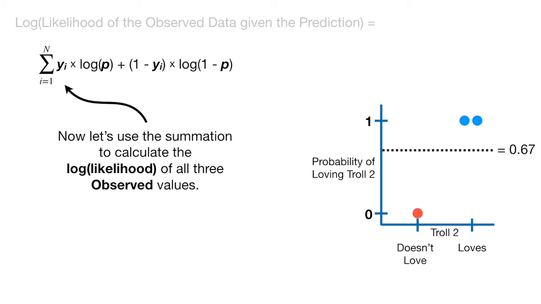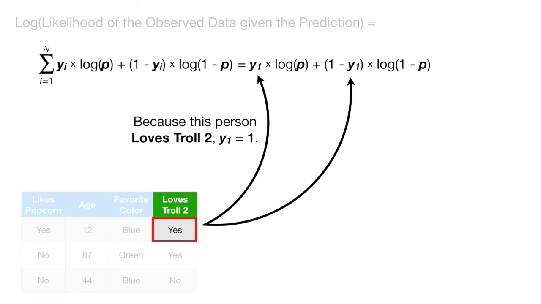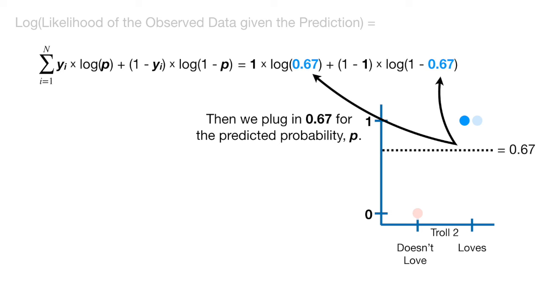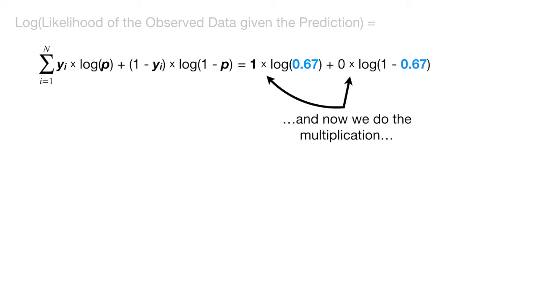Now let's use the summation to calculate the log likelihood of all 3 observed values. We'll start by calculating the log likelihood for the first person. Because this person loves Troll 2, y sub 1 equals 1. Then we plug in 0.67 for the predicted probability, p. 1 minus 1 equals 0, and now we do the multiplication.